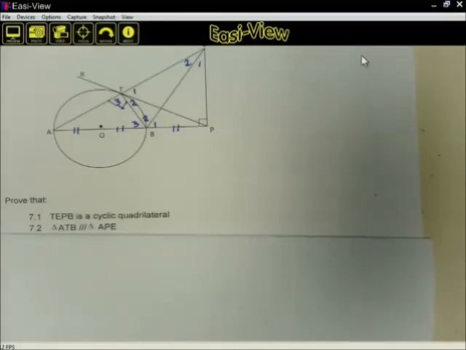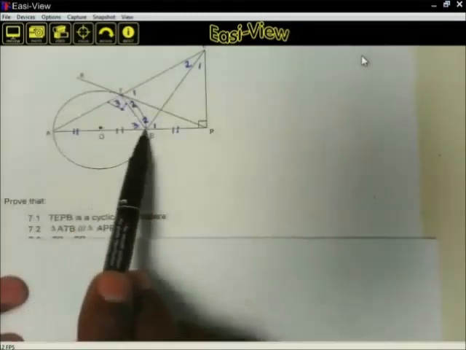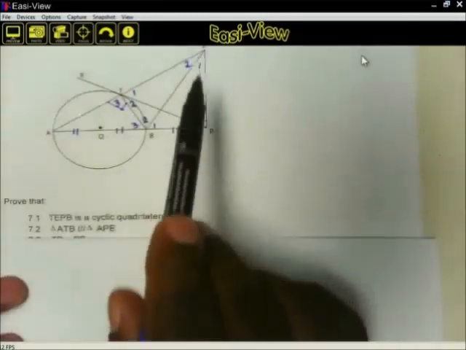So if the first two pairs are equal, automatically the remaining pair will also be equal. So if you are required to prove similarity between any two triangles, just prove the first two pairs of angles to be equal, because the remaining pair will automatically be equal.